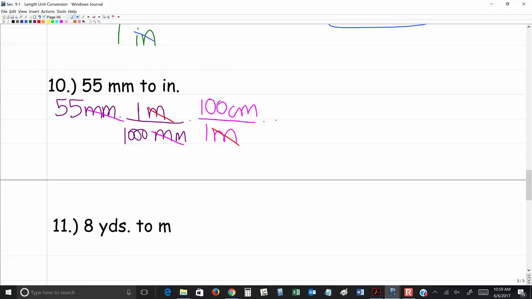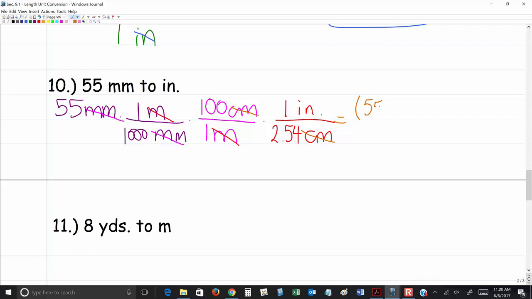Now I just need to get to inches. So I got to put centimeters on the bottom. My conversion factor says 2.54 centimeters equals 1 inch. So now I've gotten rid of centimeters and I've arrived at inches. So I would do everything that's on the top.